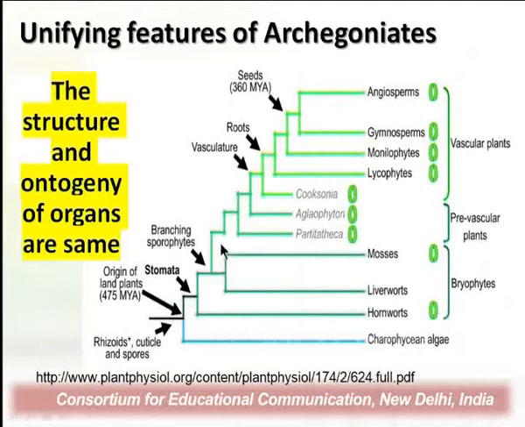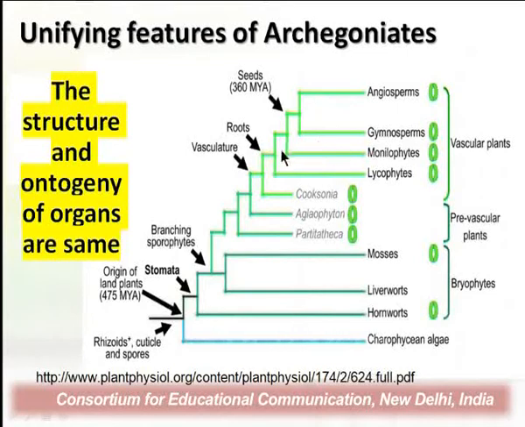And if you look at their ontogeny during the development of any plant, we will find that their ontogeny remains the same across various Archegoniates. For example, if we see the ontogeny of vasculature, that is how different types of conducting tissues develop inside a plant body, we will find that their process of development is the same amongst all plants which evolved after lycophytes.